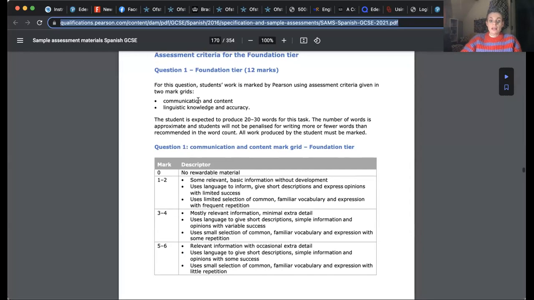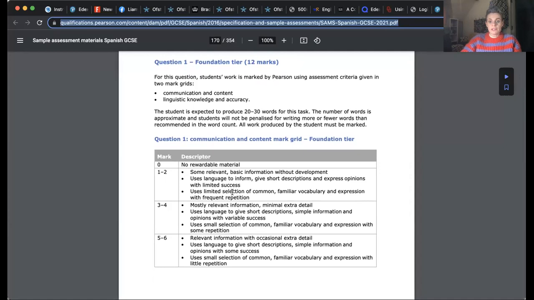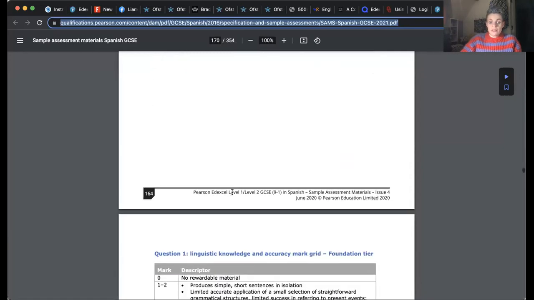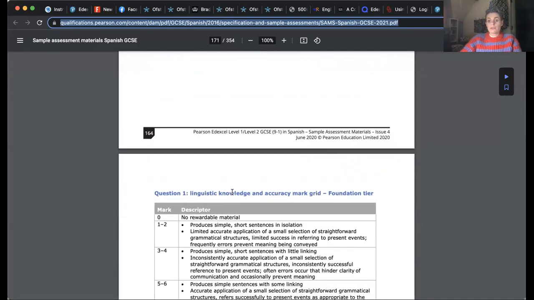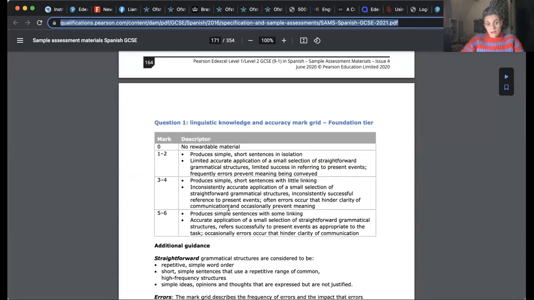So it's got 1 mark out of 6 for communication and content, effectively what you write, and linguistic knowledge and accuracy, how accurate, how correct your language is. Okay, so as you can see, the 5 to 6 band would be simple sentences with some linking. Now, I would say that's not tricky.